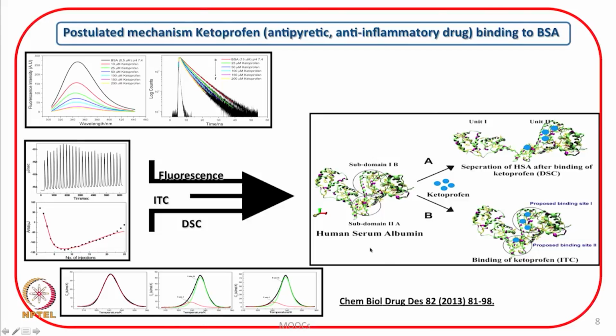These results suggested that these two domains of serum albumin are unfolding independently, where the bound domain is unfolding at the higher temperature and the unbound domain is unfolding at the lower temperature, and that is why we are getting the two transitions within an overall broad transition.